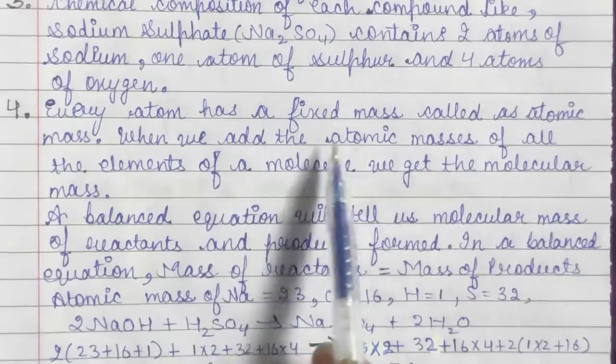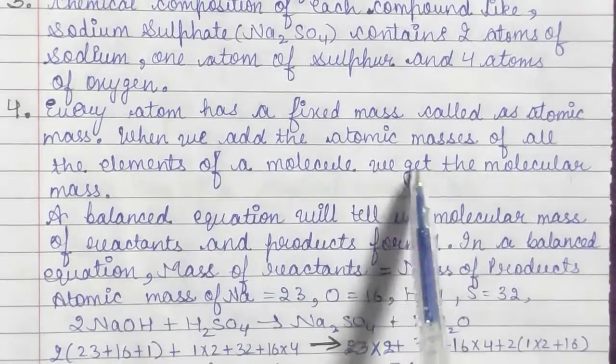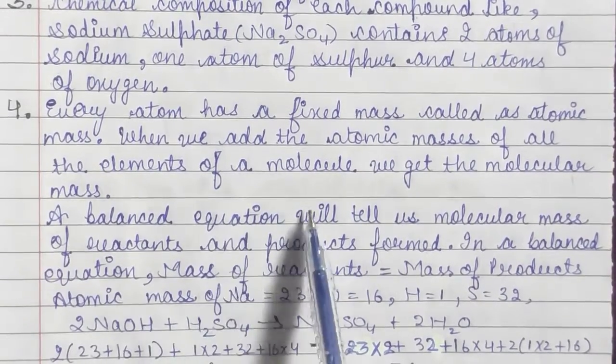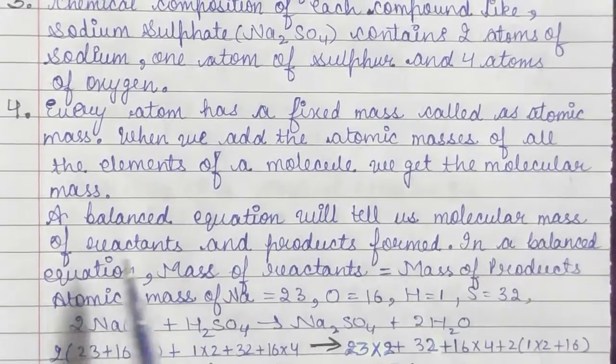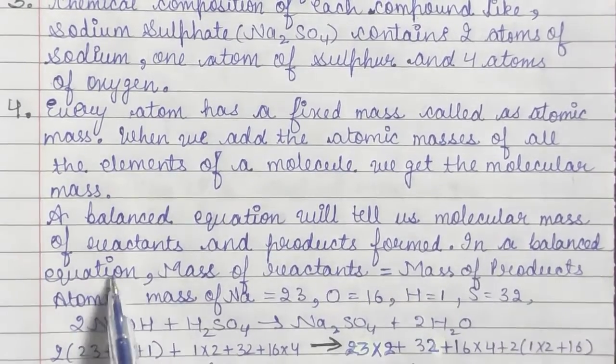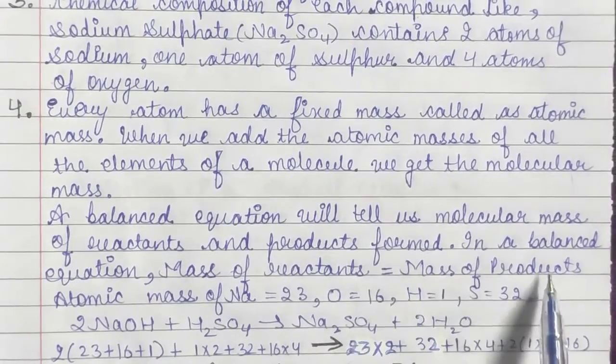When we add the atomic masses of all the elements of a molecule, we get the molecular mass. A balanced equation will tell us the molecular mass of reactants and products formed. In a balanced equation, mass of reactants is equal to mass of products.